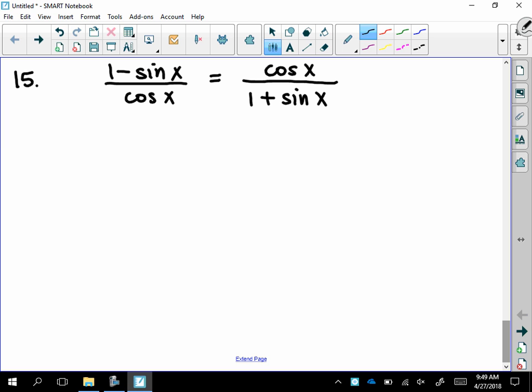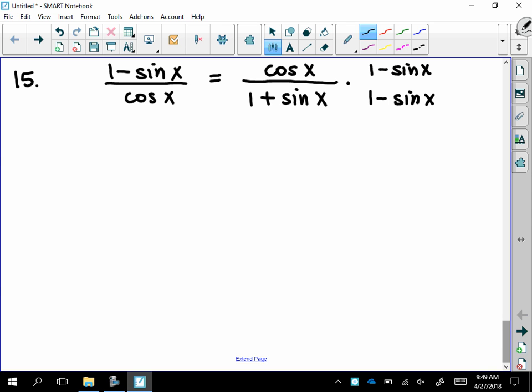Then what? Right, I did the conjugate. Conjugate, all right. So we'll multiply by 1 minus sine. And you'll notice that we only have to do it on one side. We don't multiply both sides by their respective conjugates.